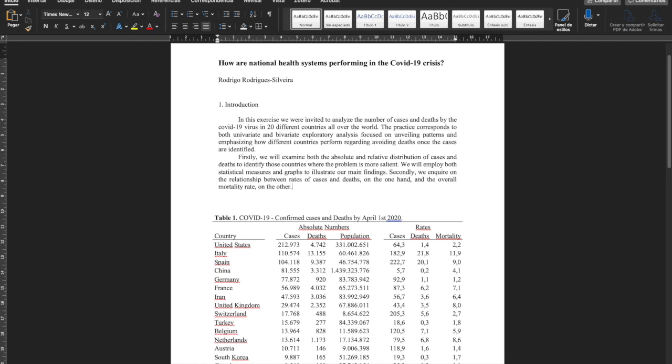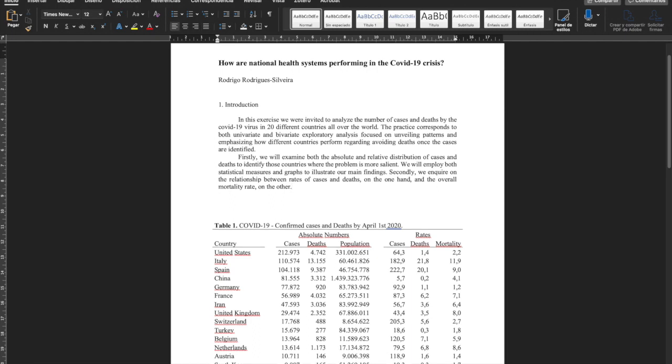And so, two. The analysis of cases and deaths.